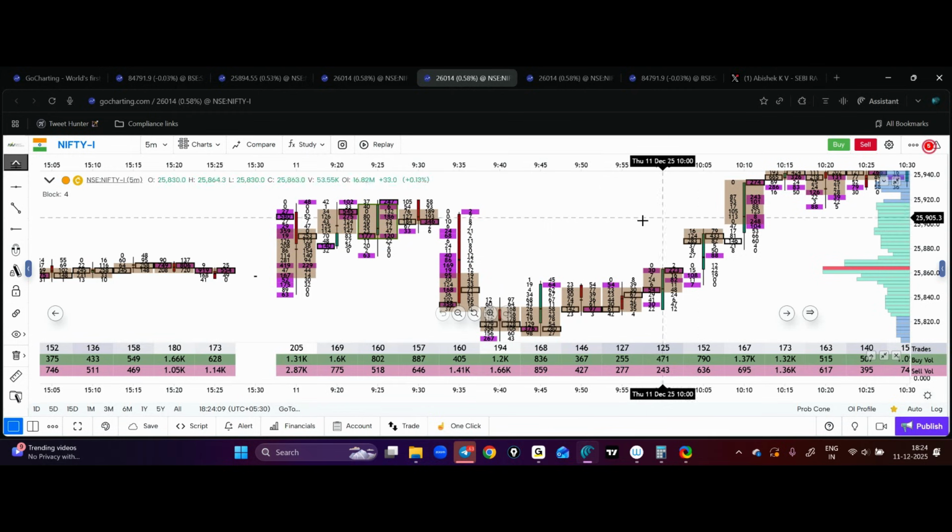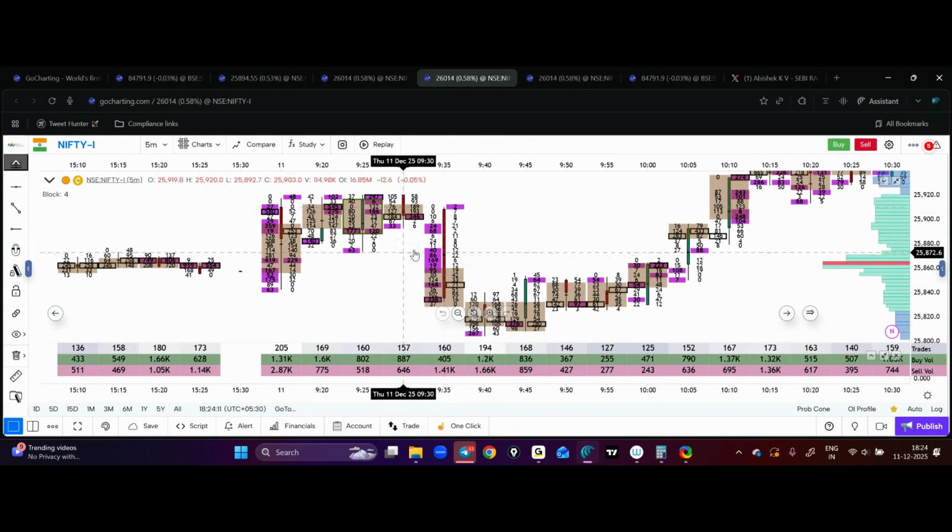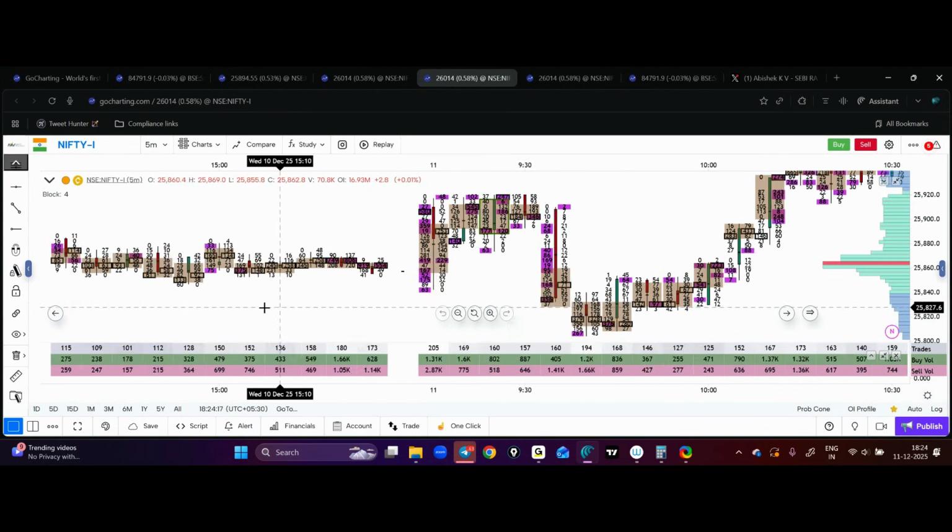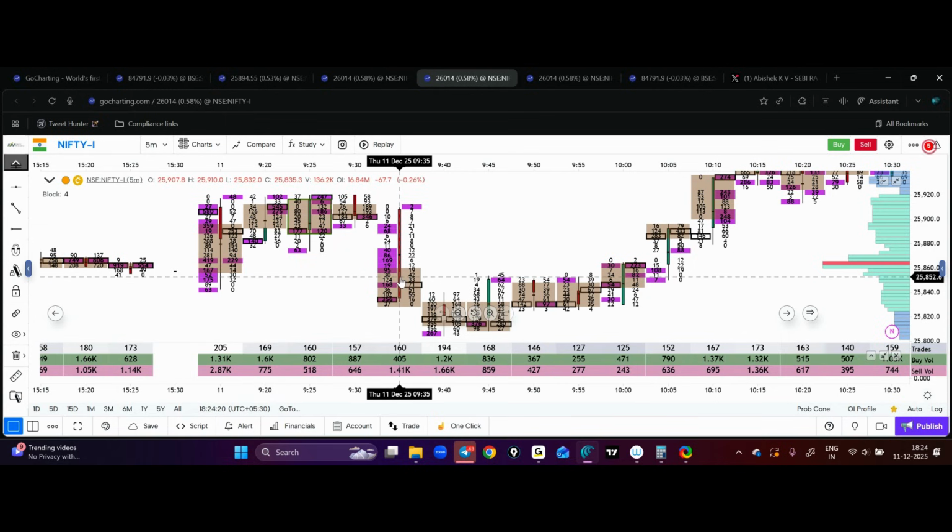So just by looking at this bar in the footprint chart, I could say that when price is breaking through my previous day's low, there is no strong selling happening. I'm not confident looking at these numbers. What exactly in the footprint charts helped me come to this conclusion that there is a high possibility that the markets can reverse from this point?